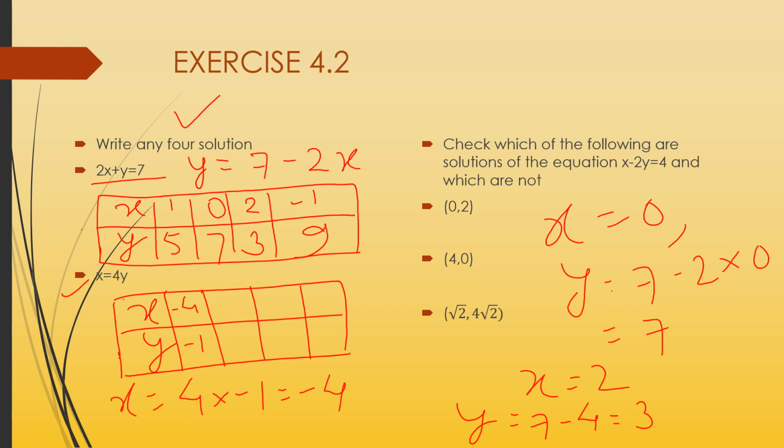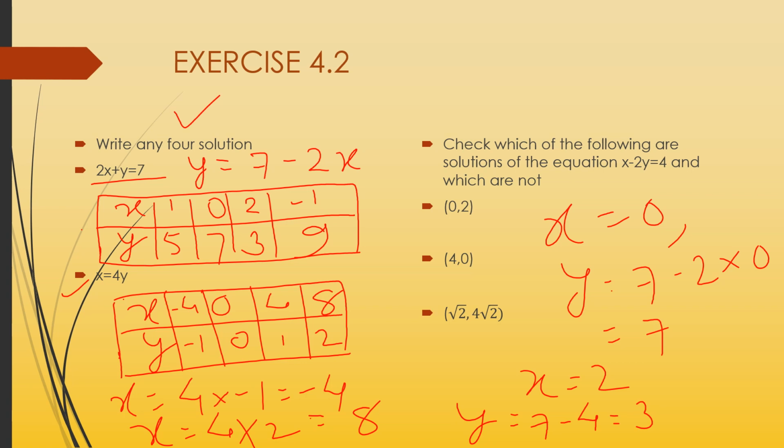If you put y to be 0, what will be your x? Yes, 4 into 0 gives you 0. If you put y to be 1, 4 into 1 gives you 4. If you put y to be 2, what value will you get? 4 into 2 is 8. In this way, you can find infinitely many solutions.